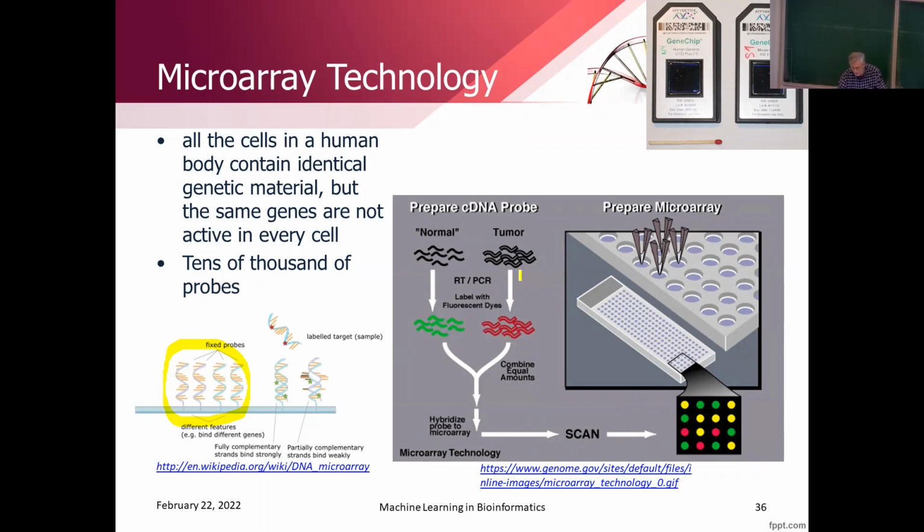If the substring is present only in the DNA from tumor, then the color will be magenta. And if the substring is present in both normal and tumor samples, then the color will be yellow. So in this way, we can detect whether some substring is in DNA.